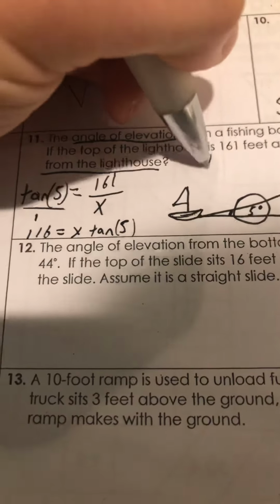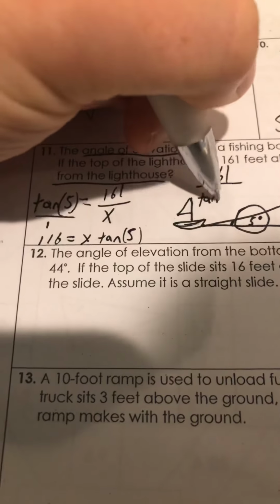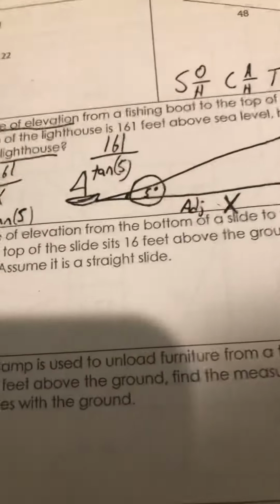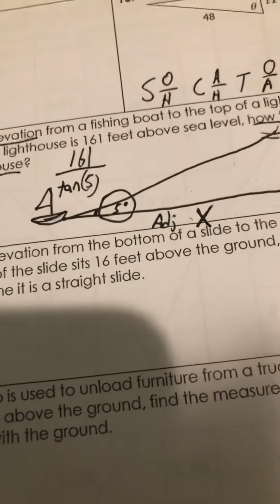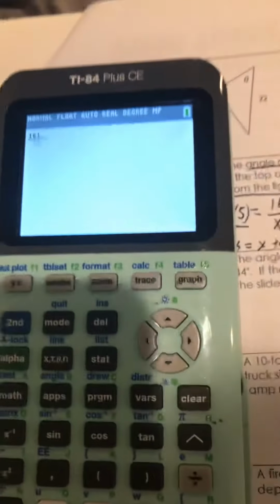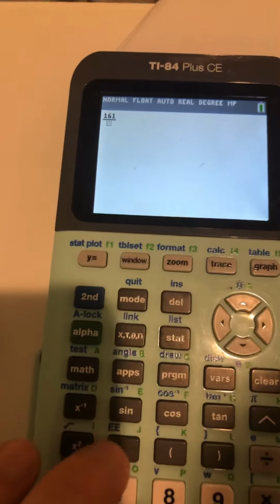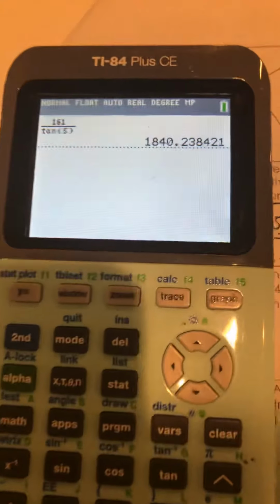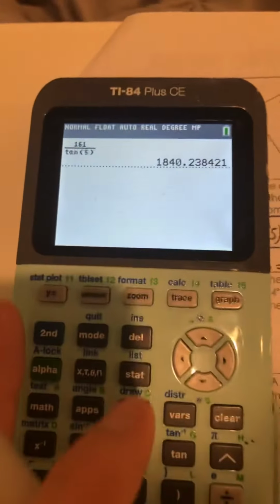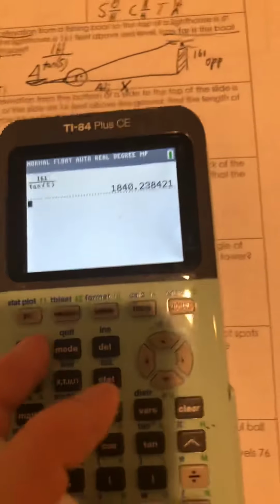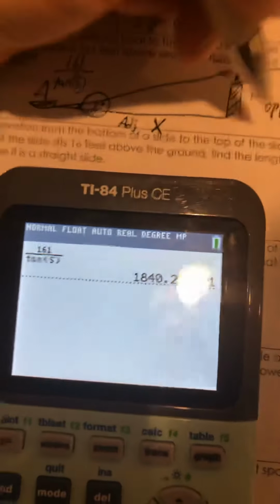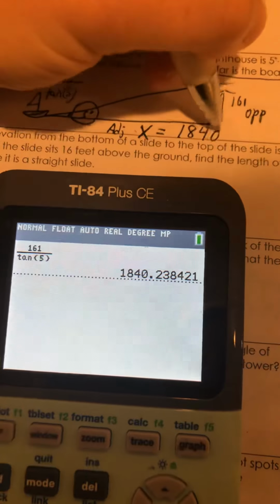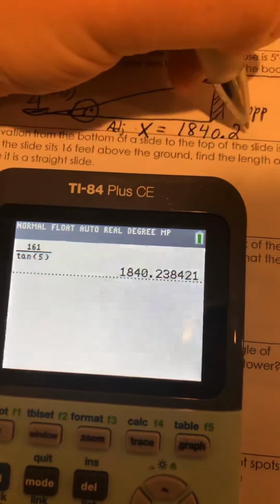I'm running out of space. 161 over tan of 5. And we get that large number, and let's just round it to the nearest tenth this time. So x is 1,840.2 feet.